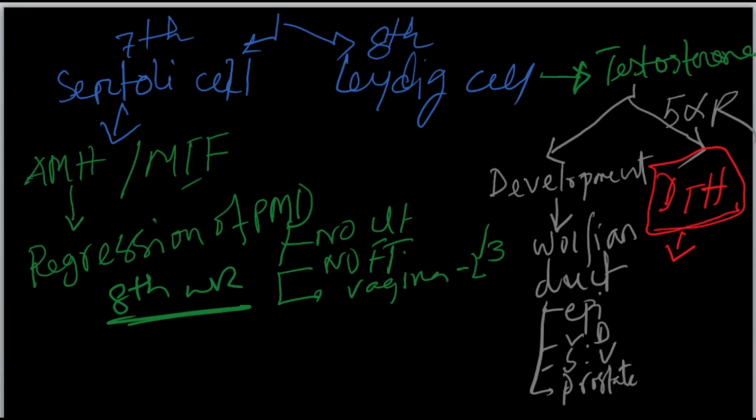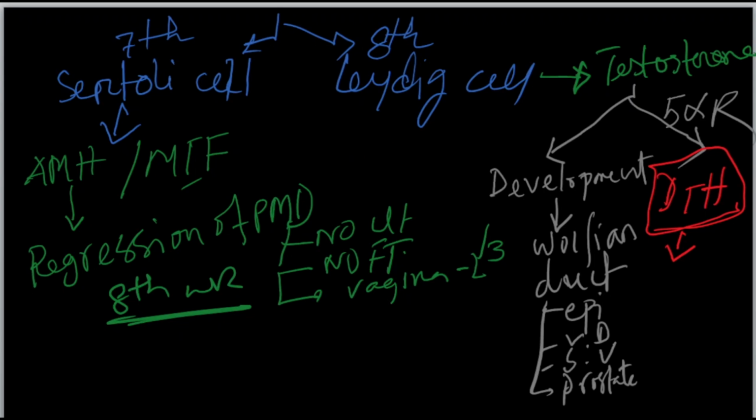If testosterone is present and converts into dihydrotestosterone, the indifferent stage of external genital organ develops into male external genitalia, and in absence of dihydrotestosterone, it develops into female external genitalia. This is all about the development of male external and internal genitalia.